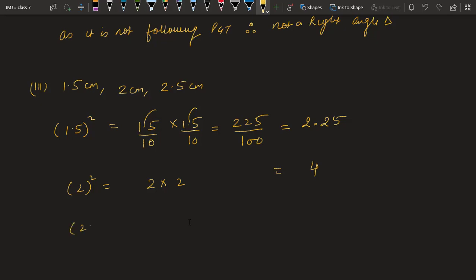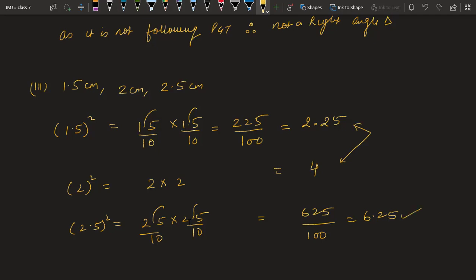And last, 2.5 square will give you 2.5 into 2.5, 10, 10, 25, 25 is a 625 upon 100, that is 6.25. If you observe and add these two, you will obviously get 6.25.